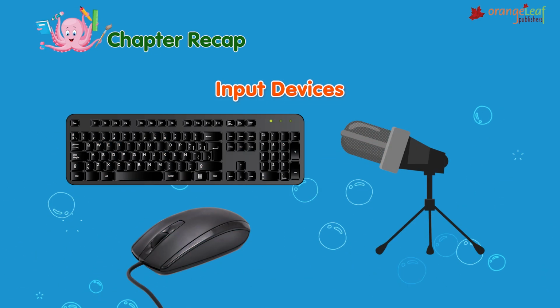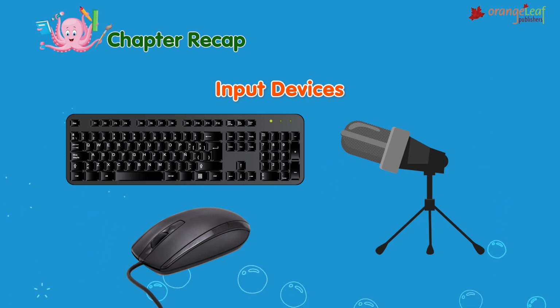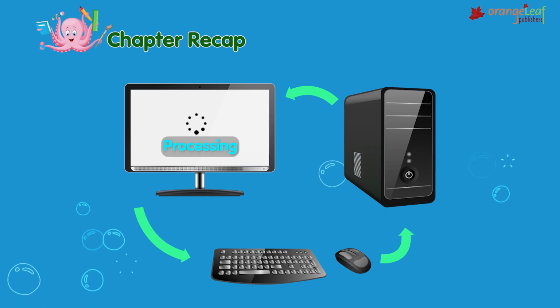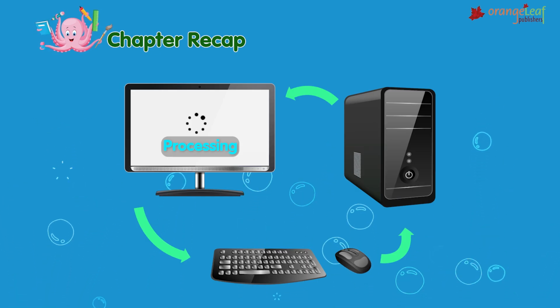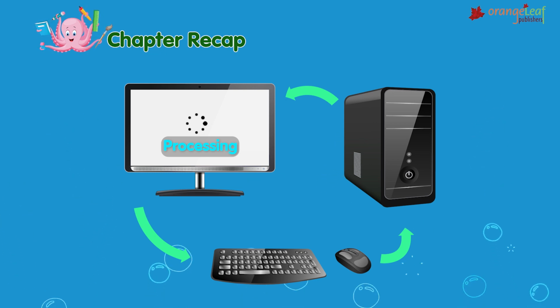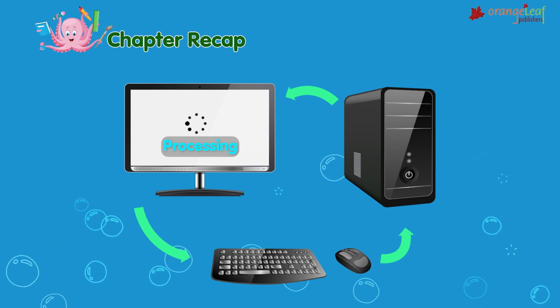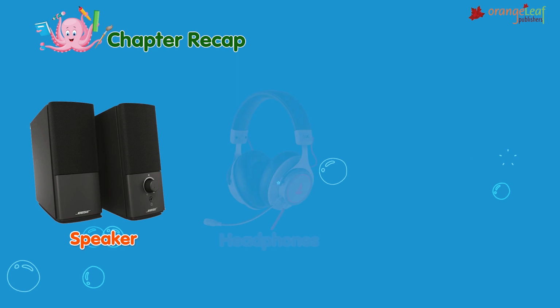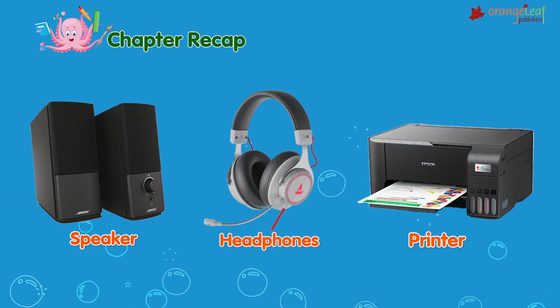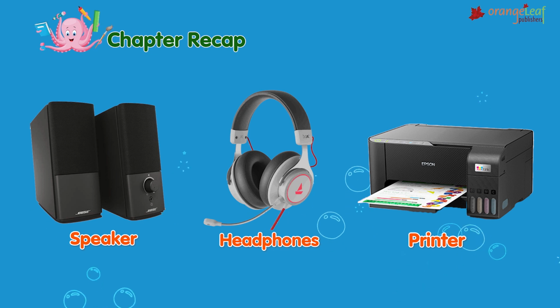Input devices are the devices that are used to enter data into a computer. A processing device is a device that manipulates data that is input from input devices. Output devices are the gadgets that allow us to obtain results or outputs from the processing unit of a computer.